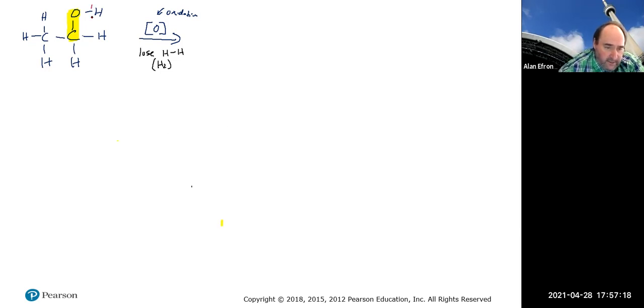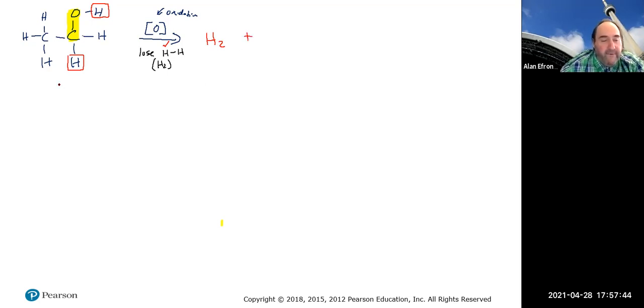So this guy is always the one that comes off. That's half of what we need. The other hydrogen comes from the actual carbon, and you can take off either hydrogen on that carbon. I'll just take off the bottom one. And when we do that, that is where we produce H2, which is hydrogen gas.